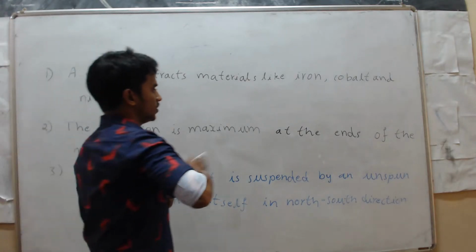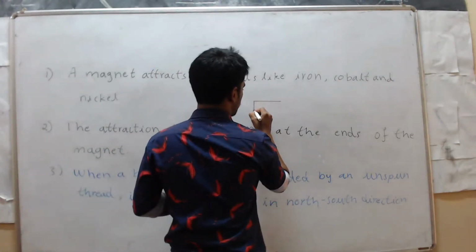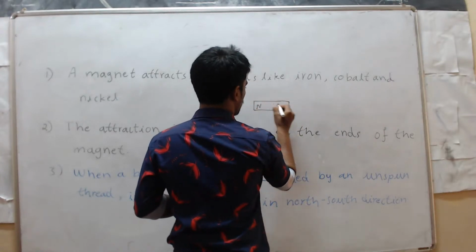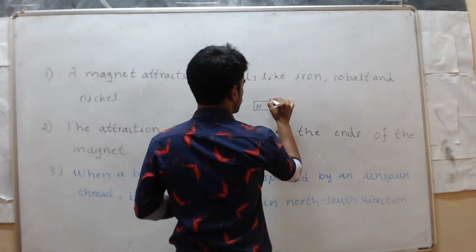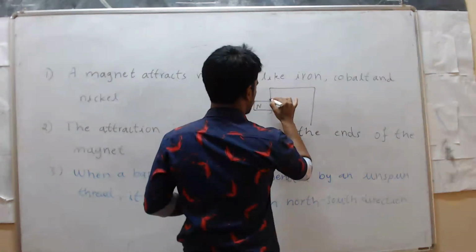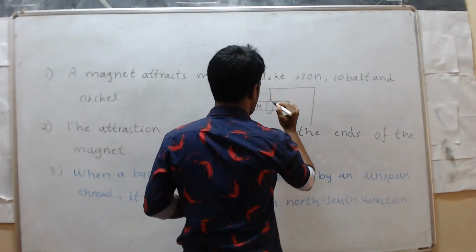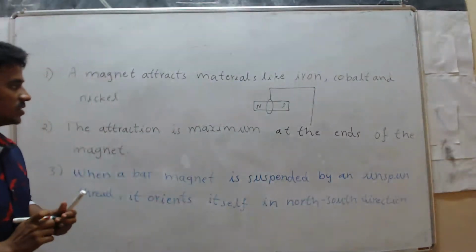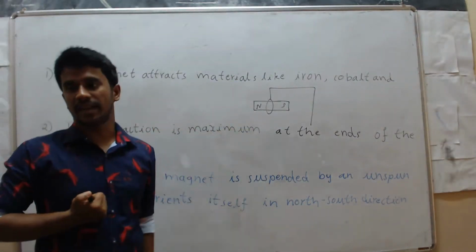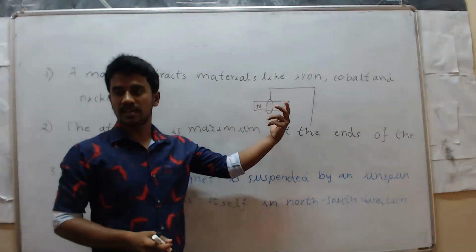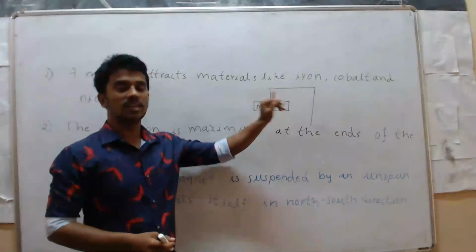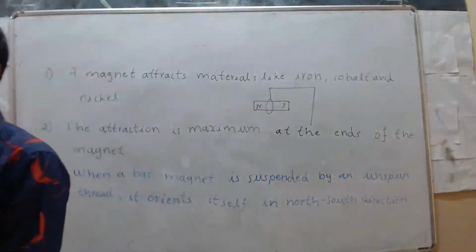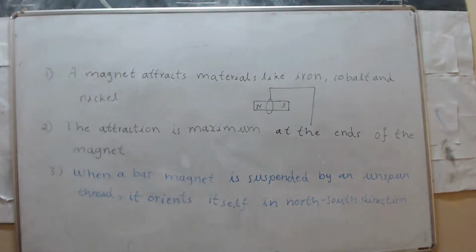If you suspend a bar magnet like this, it will stand like this, in the north-south direction. Always, even if you twist it and release it, it stands like this only, in the north-south direction.